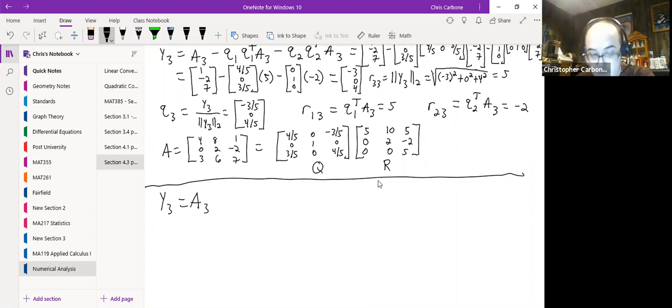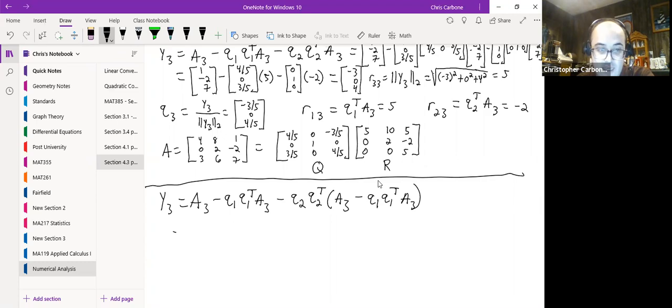So that was A sub 3 minus Q sub 1 times Q sub 1 transpose times A sub 3 minus Q sub 2 times Q sub 2 transpose times A sub 3 minus Q sub 1 times Q sub 1 transpose times A sub 3.